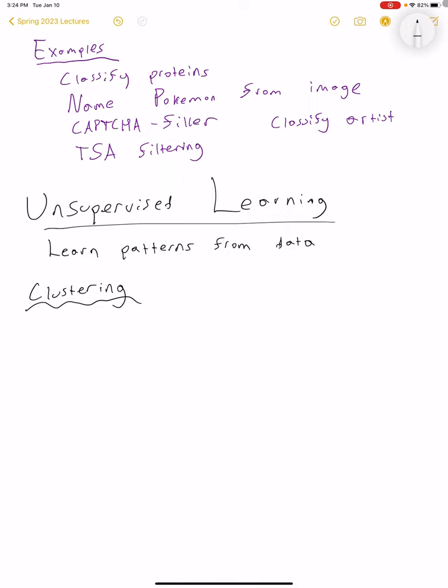So the goal of clustering, and we're going to draw an example for each of these. Here's another example where the two input variables take up each of the axes. So the y-axis is not a dependent variable. It's another input variable. And we're going to draw some points.